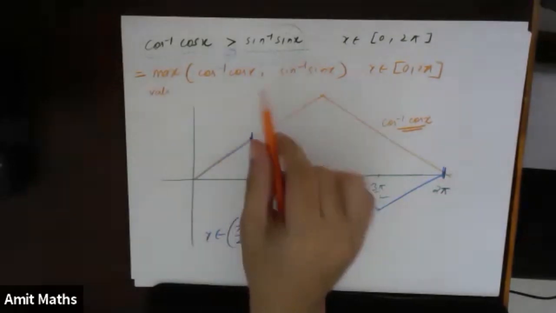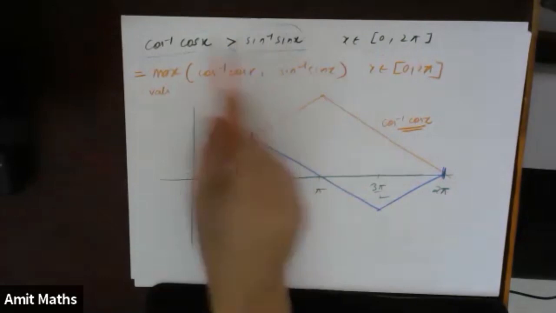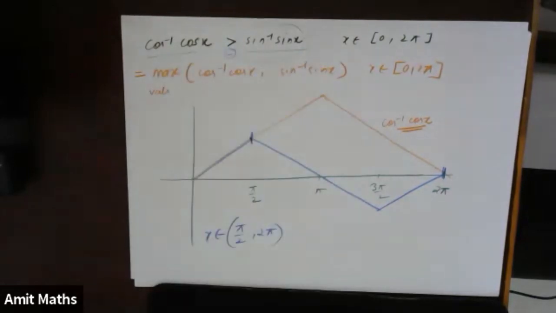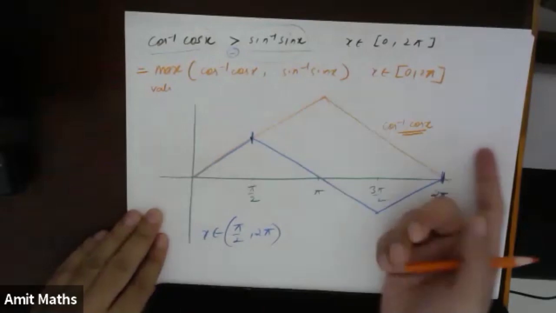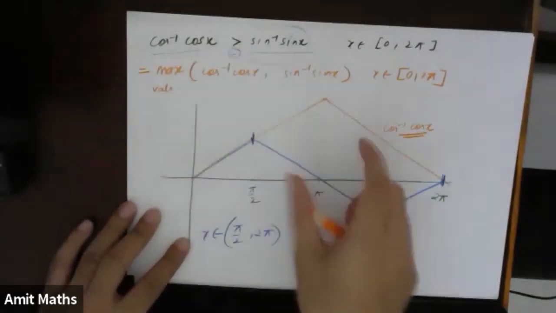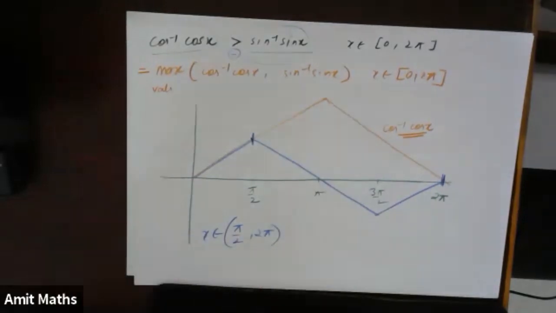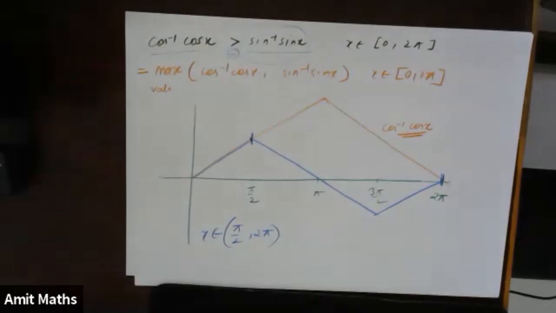If you solve it without graph, you have to convert sine into cos, and we have not seen any conversion of sine and cos till now. If it were equal to, then everywhere it is either equal or greater, so it would be 0 to 2 pi. But with only greater than, it is only the region from pi by 2 to 2 pi. Understood, everyone? That is the difference between greater than or equal to, and just greater than.